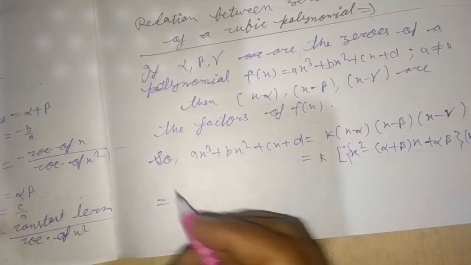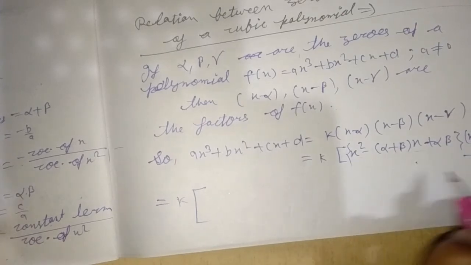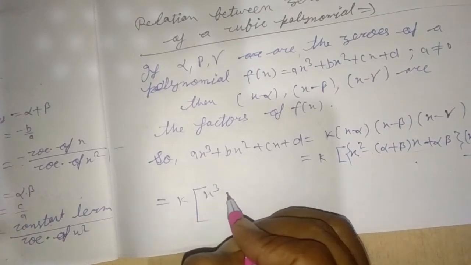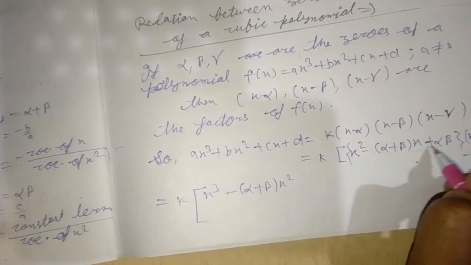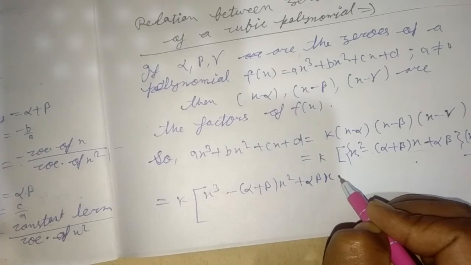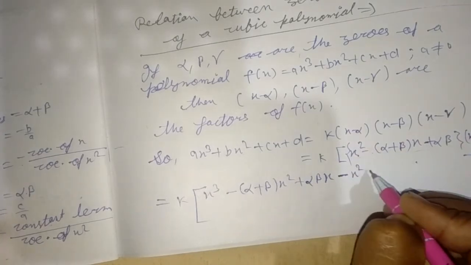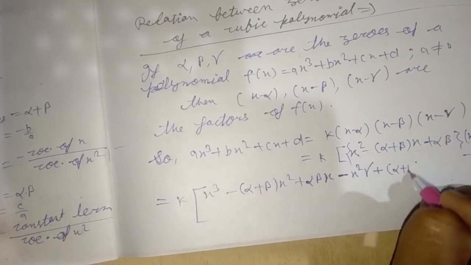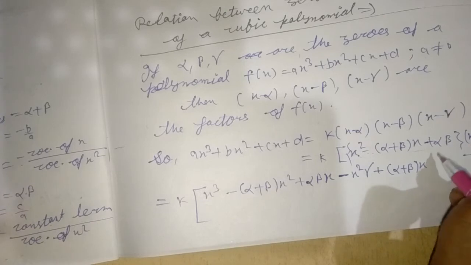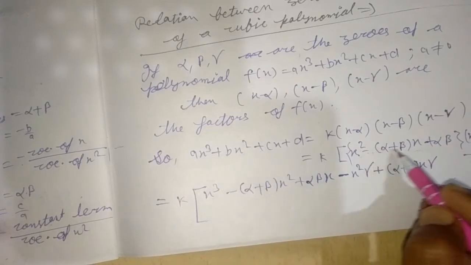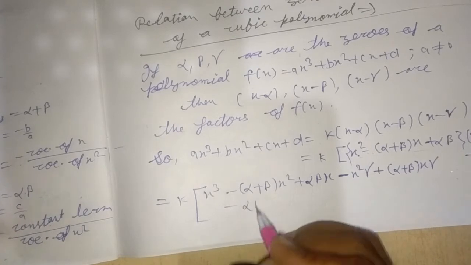Now multiply this by x minus gamma: x square times x gives x cube, minus (alpha plus beta) x square, plus alpha beta x, minus x square gamma, plus (alpha plus beta) gamma x, and minus alpha beta gamma.